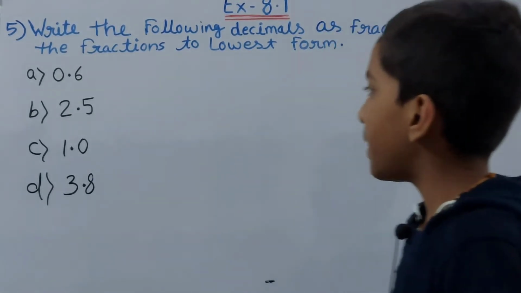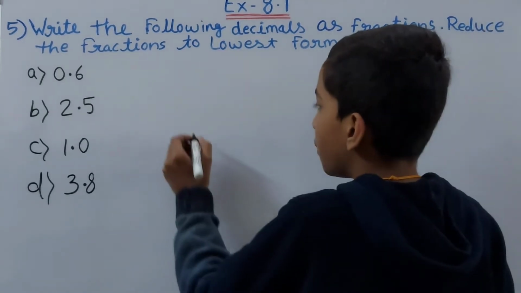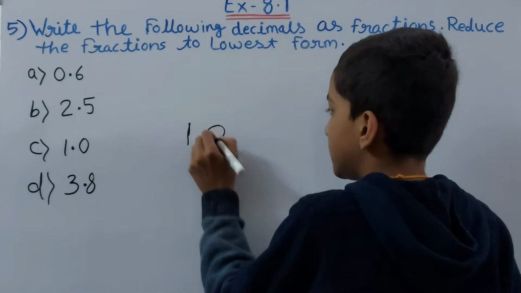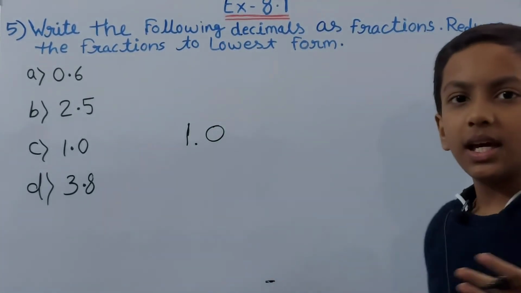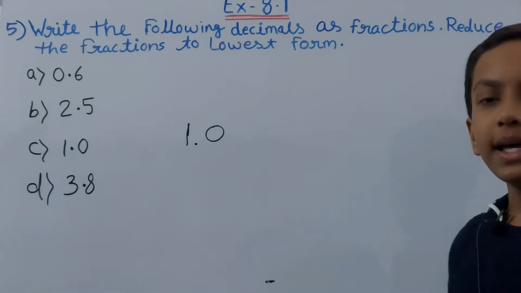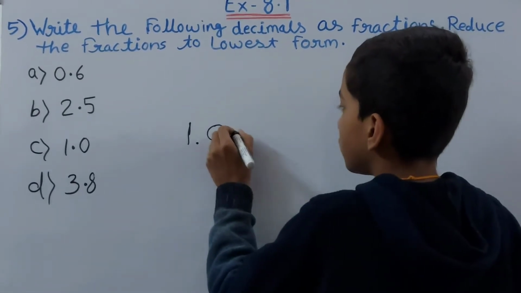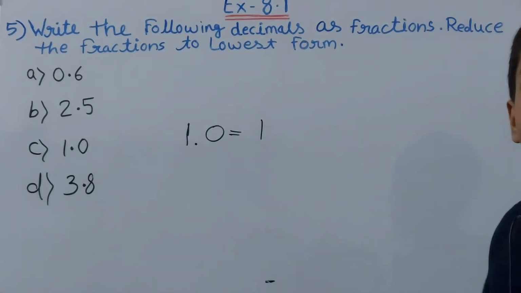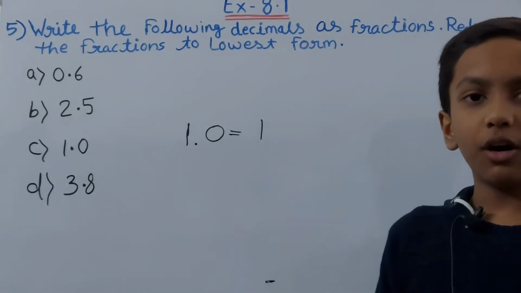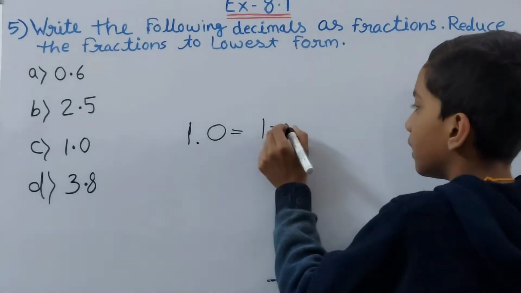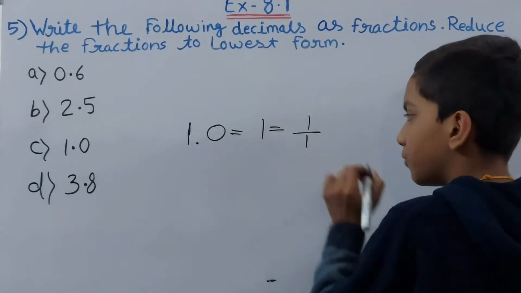So this is the C part, which is 1.0. As you know, 1.0 can also be said as 1 whole. Now if we have to convert this 1 whole into a fraction, it becomes 1 upon 1.